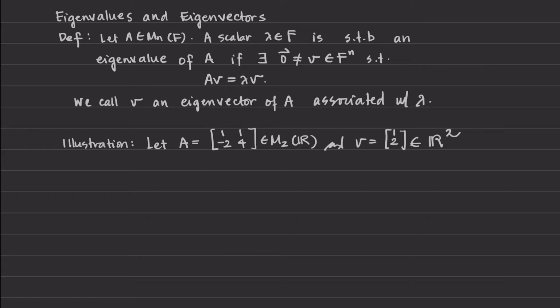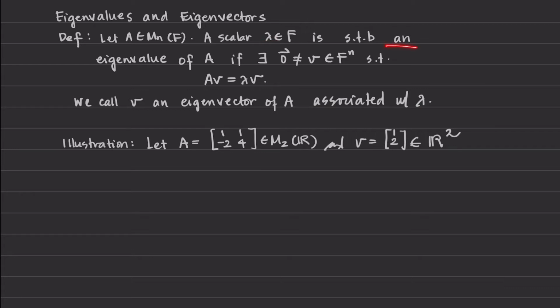Ibig sabihin, kapag in-apply mo yung A sa left ni V, equal siya sa scalar multiple lang nung V mo, lambda V. Okay? So, ang tawag dun sa V, an eigenvector of A associated with lambda. Okay? So, pansinin nyo kung paano siya in-state dito sa definition natin.